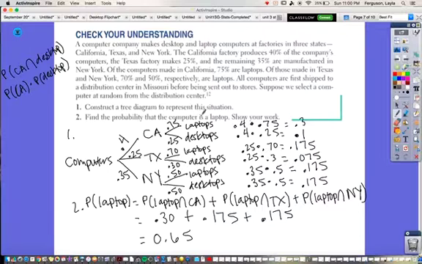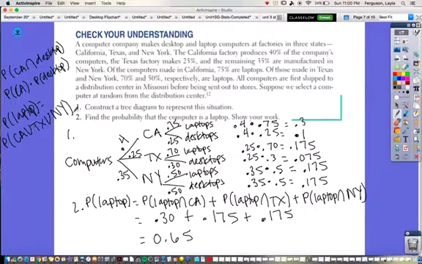Essentially what we did on this one is find the probability of being a laptop. You could be a laptop from California or Texas or New York. So this is an "or" type situation. This would be equal to the probability that you are from California or Texas or New York.